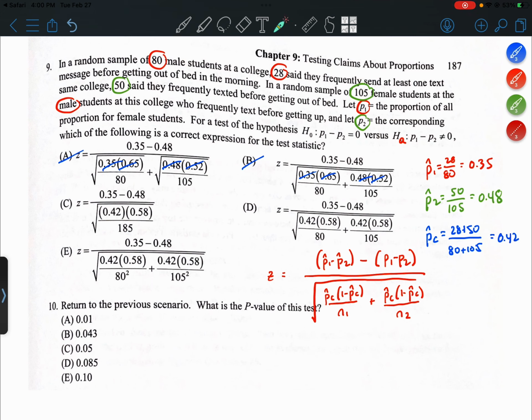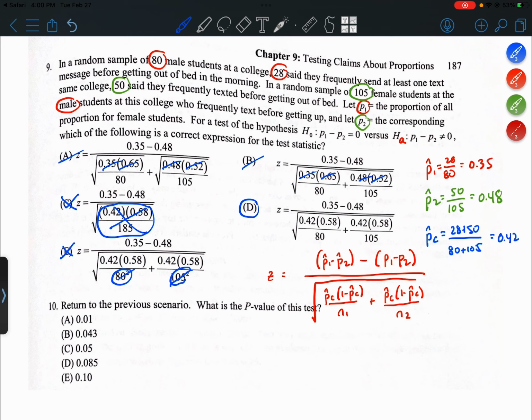I also see I can eliminate E because E has the sample size squared, and that's not correct. I can also eliminate choice C because it has just one term in the square root, and we know that there should be 2 terms in the square root. So just by looking at the denominators, we're able to see that D is the correct answer.